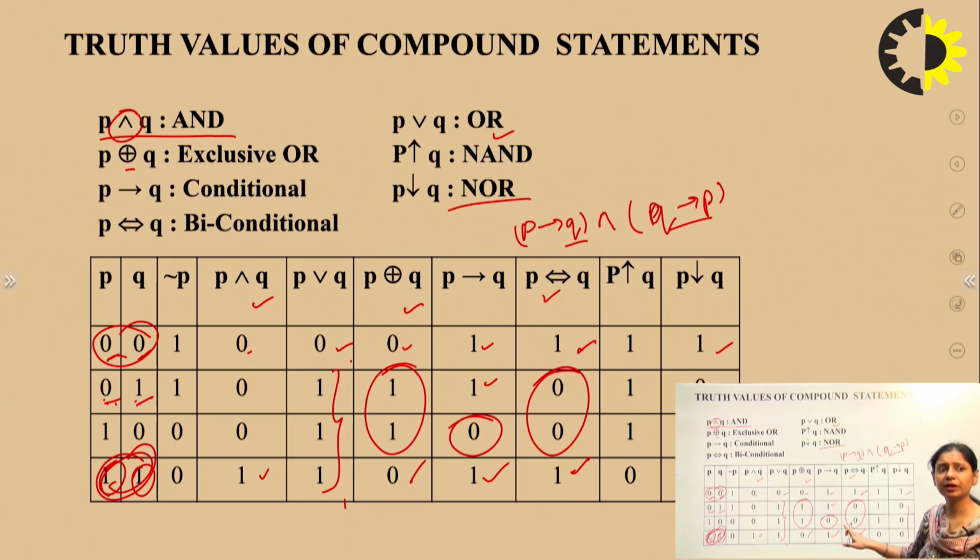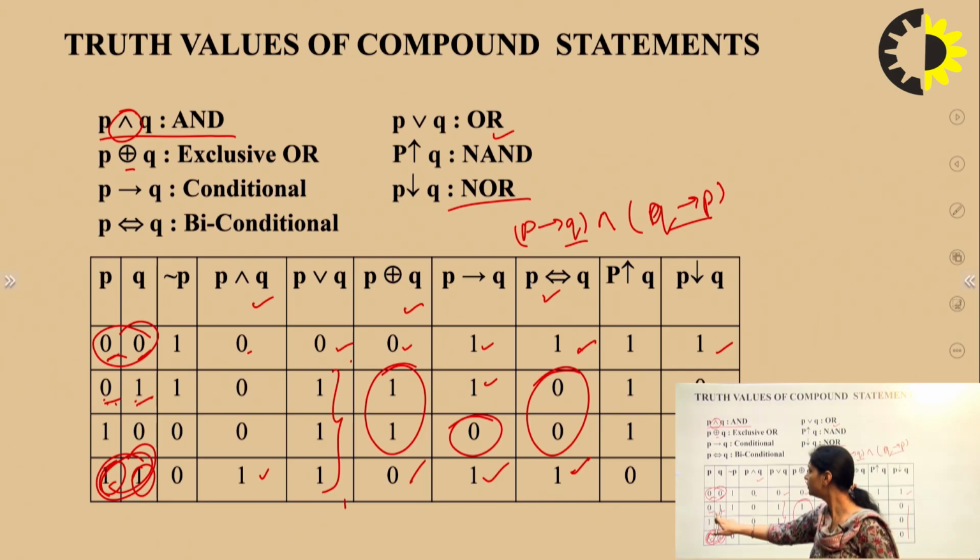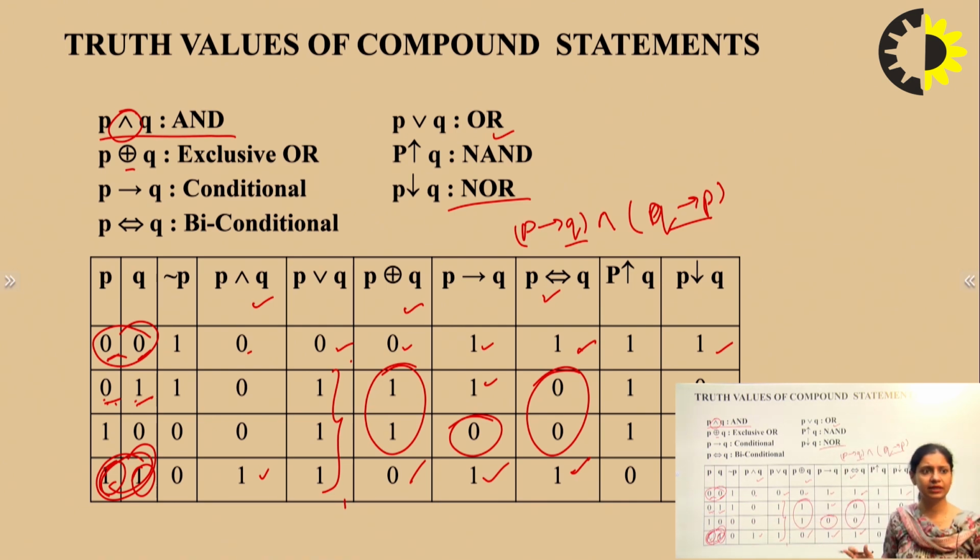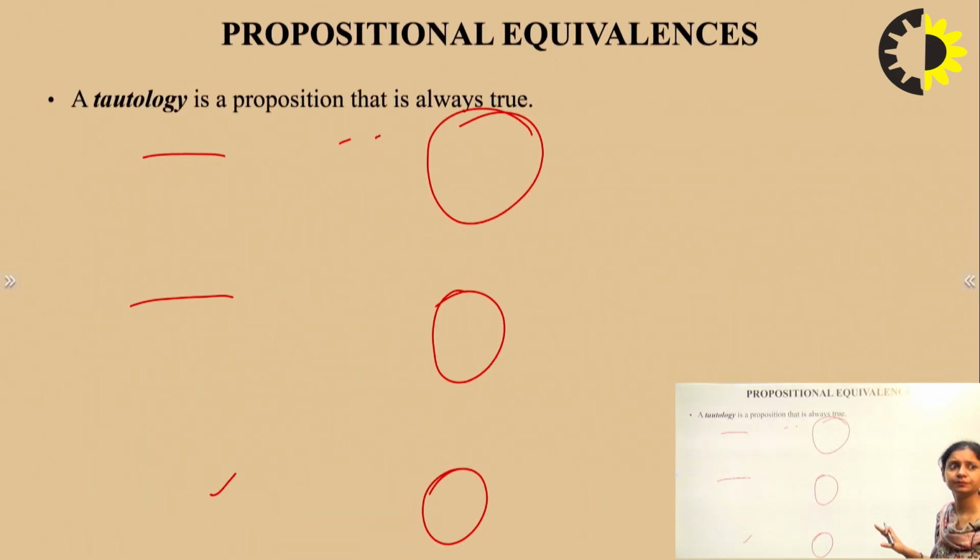Similarly in P if and only if Q, where we have 1 and 0 and 0 and 1, in the opposite way, we get the result as 0. Whenever both the values are the same, we get the result as 1.